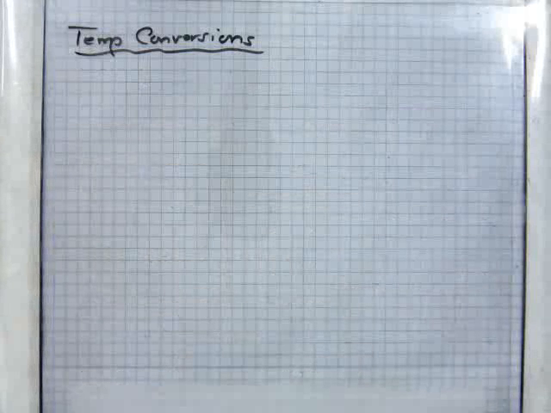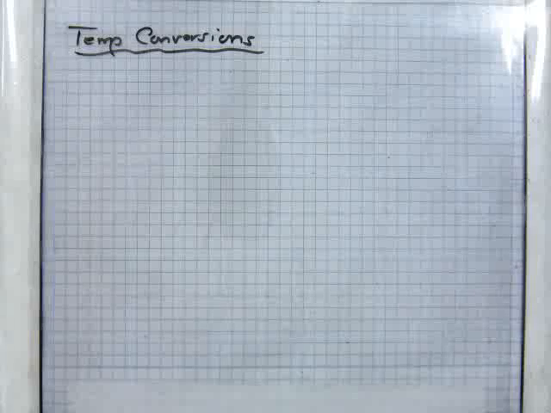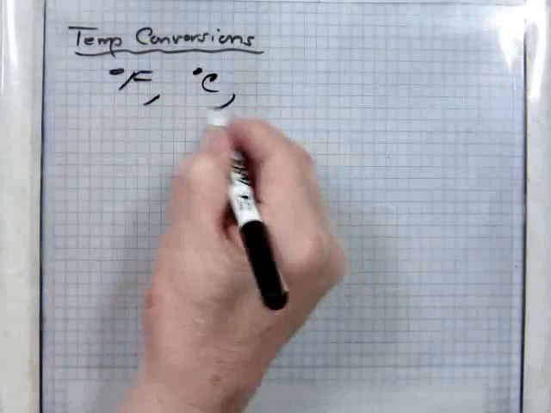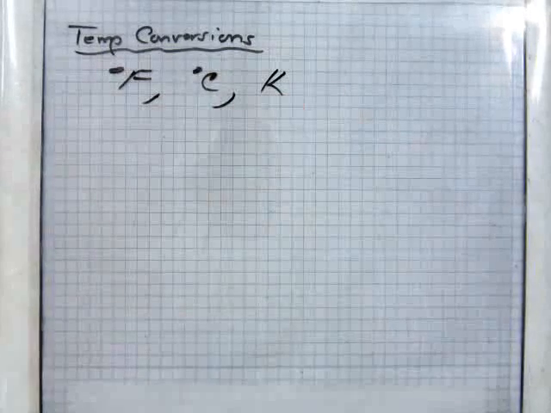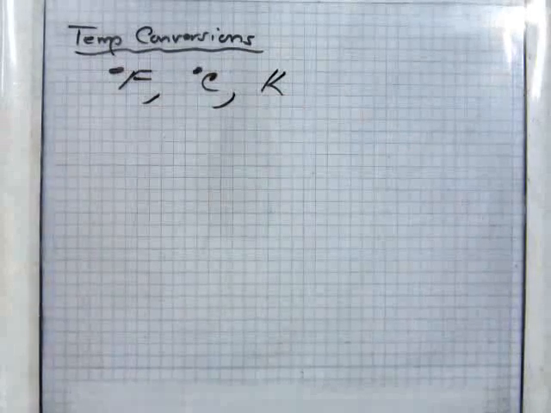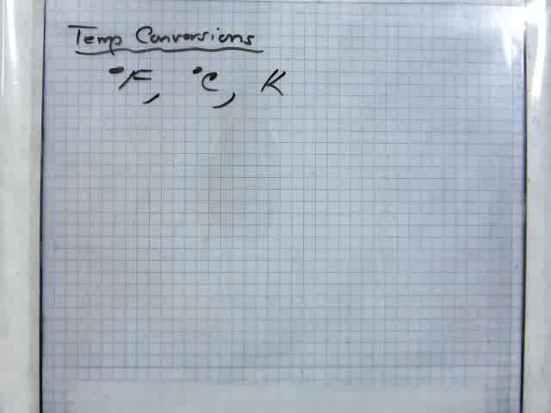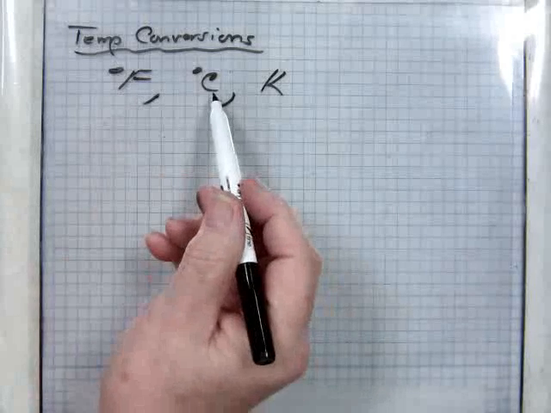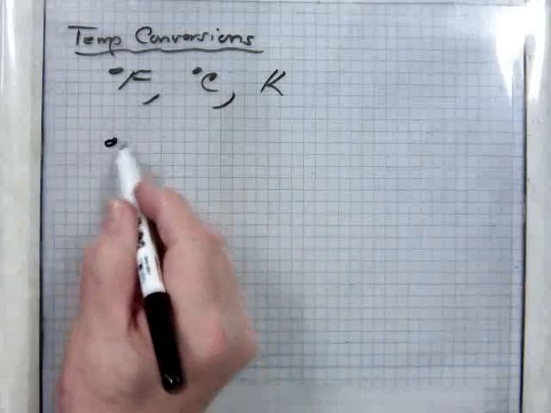We all know what the issue is in temperatures. We have degrees Fahrenheit, degrees Celsius, and Kelvin. Kelvin doesn't have a little degree mark on it, so don't put a circle on it. We'll talk about that when we get to kinetic molecular theory. Anyway, the idea is to convert from Fahrenheit to Celsius and Celsius back to Fahrenheit.